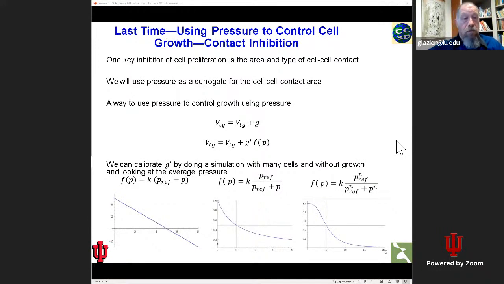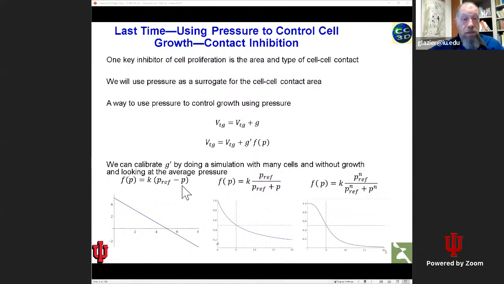Looking at the homework assignments, there were a few issues that came up. One of them was the fact that the pressure as returned by CompuCell is the negative of what you expect it to be. So if a cell is being compressed, the pressure is negative rather than positive.